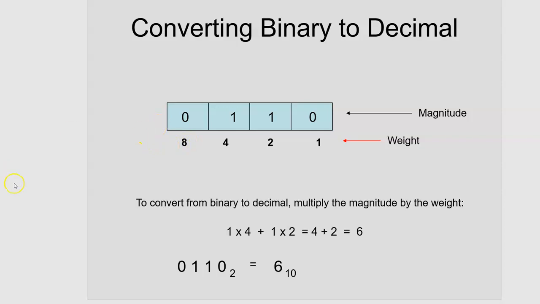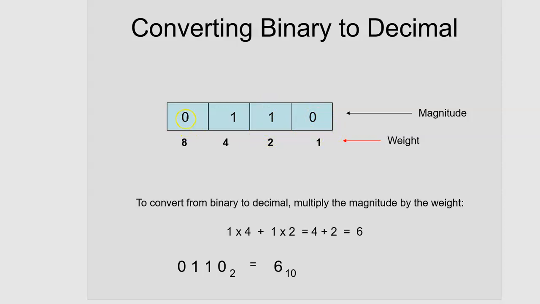I can keep going if I wanted to, but here we're just dealing with 4 bits. Now remember, this is binary in the box here, so I can only represent zeros and ones.